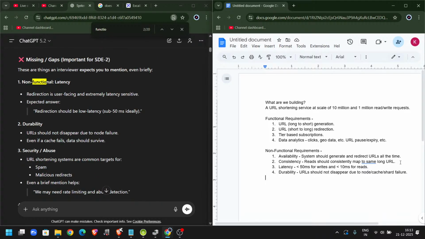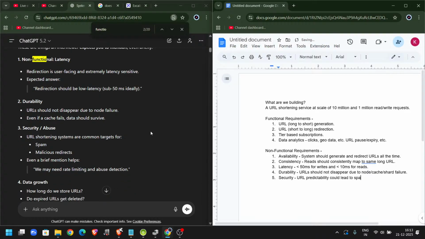Security. Security भी लिख देते हैं. URL can predict... could lead to... right. ठीक है, काफ़ी है ना.